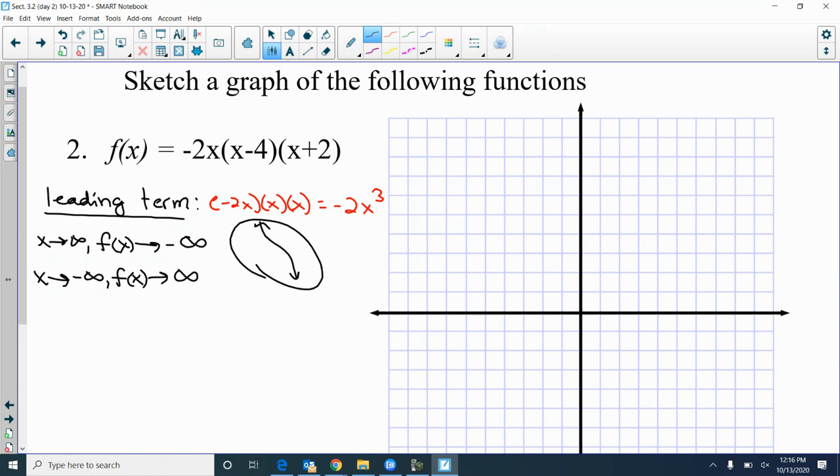All right, how many zeros do we have? Lizzie, how many zeros we got? 3. Yep, 3 zeros, and they're all multiplicity what? 1.